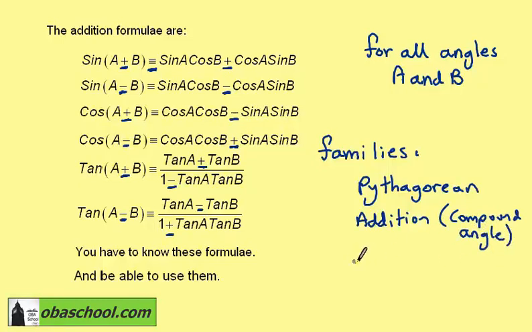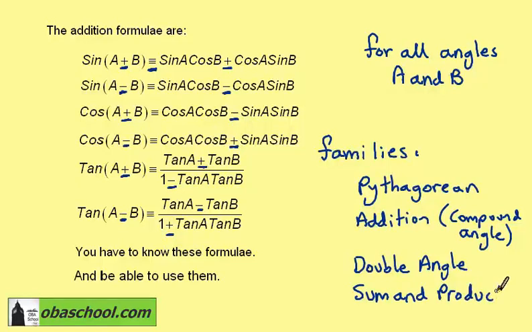We have, for example, the double angle formulae, and we also have the sum and product formulae. Altogether, this means that there are a lot of trigonometric identities.